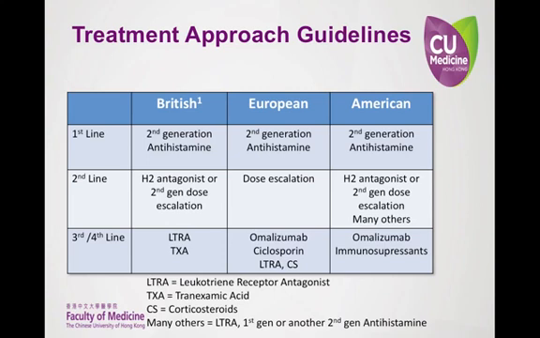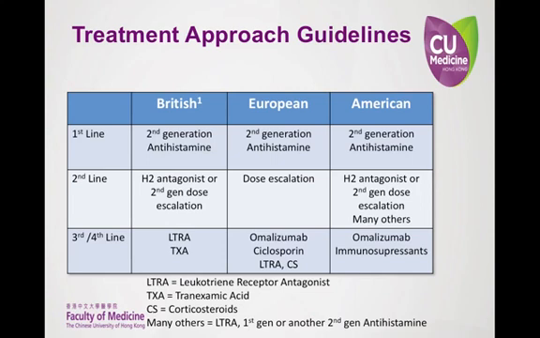All three guidelines recommend a second-line option of dose escalation of up to 4 times the normal dose for these medications. However, some physicians may be hesitant of using such high doses. The other second-line option would be to add an H2 blocker such as famotidine or ranitidine.